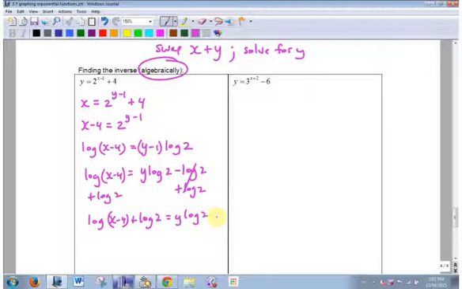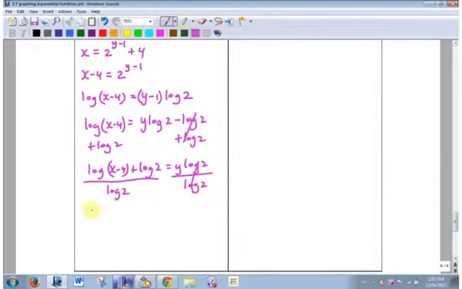Last thing, to get y by itself, how do I get rid of log 2? Divide it away. Whatever you do to one side, do to the other side, the whole other side. Okay, and that is y. It's by itself. I'll just write it this way because we're used to seeing it like that.